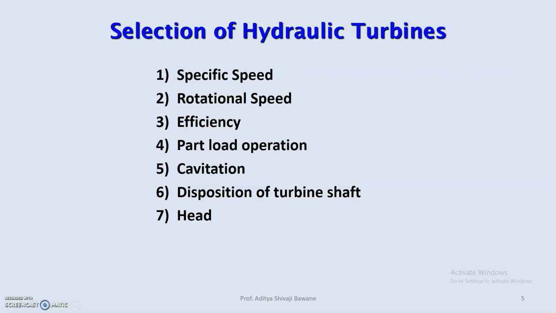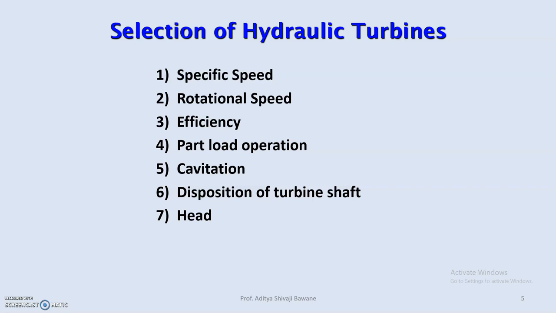Very high specific speed is essential where you have very low head and where output is large, because otherwise the rotational speed will be low, which means the cost of turbo generator and powerhouse will be high.